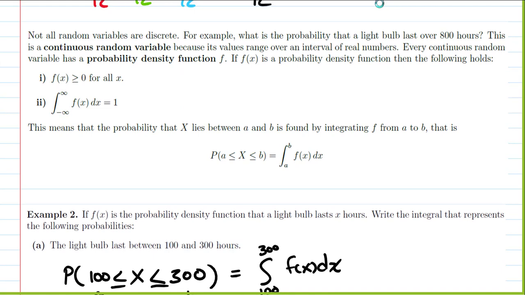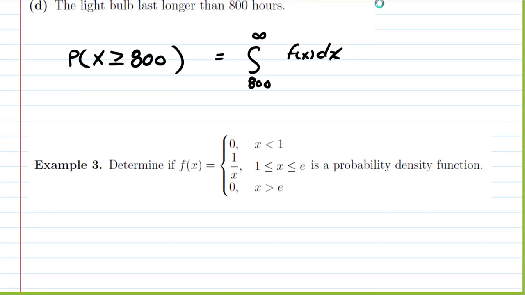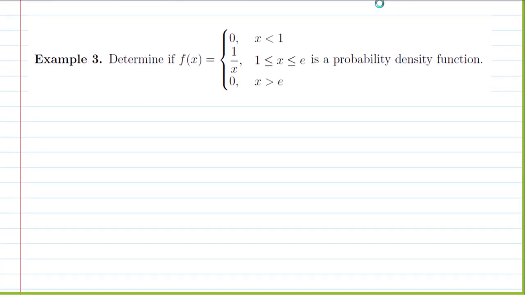So we had two things, right? F of x always has to be greater than or equal to 0. And if we integrate from negative infinity to positive infinity, what should we get out as our value? 1.